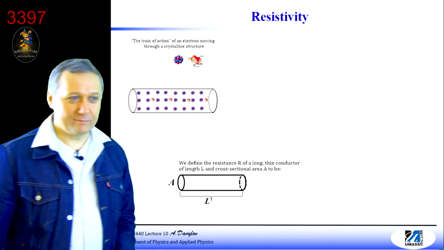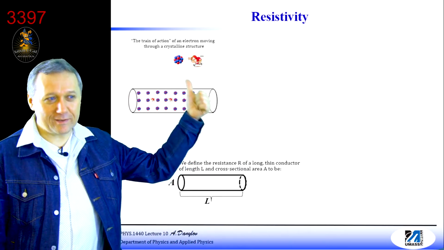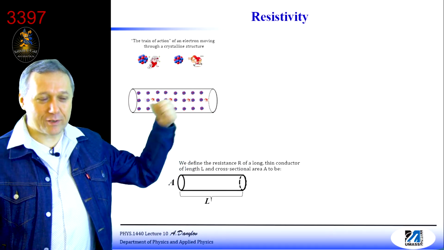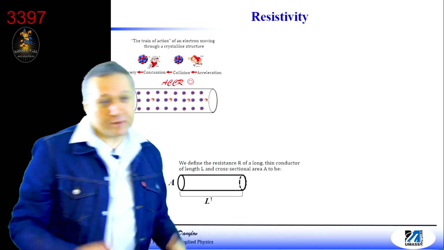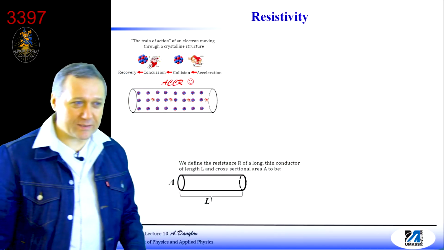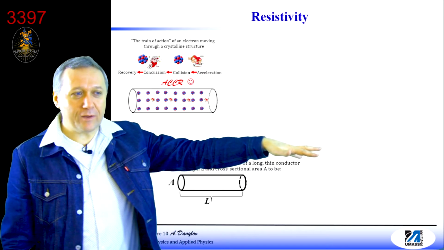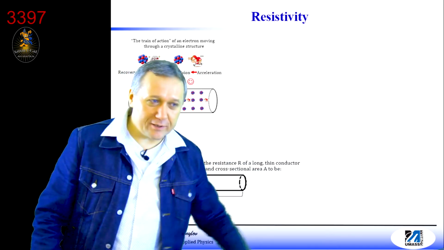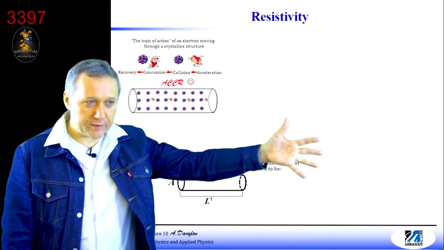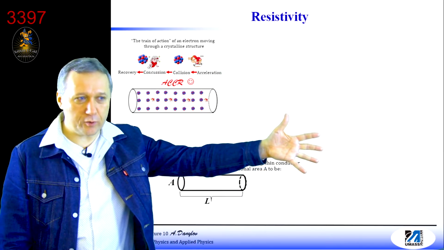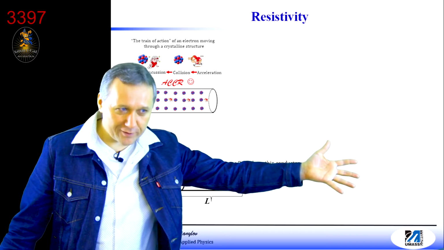Collision, then concussion, recovery. And then again, that electron will be accelerated by the electric field, and again it will fly for some short distance, and again collide with the next atom. It's like if you try to run through the forest along a straight line. Of course, within a few meters you're going to meet the first tree, right?